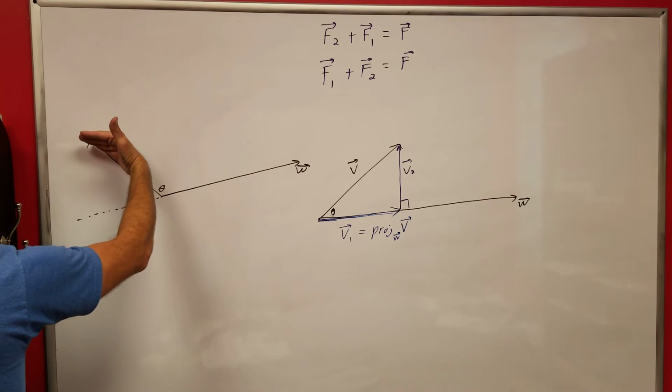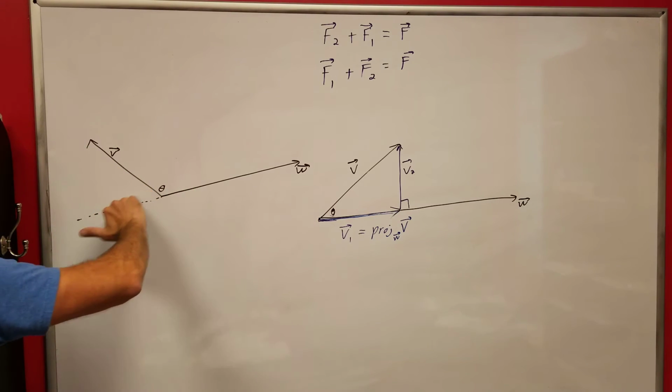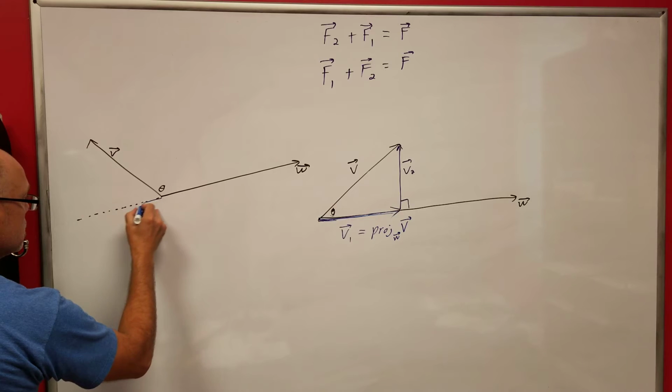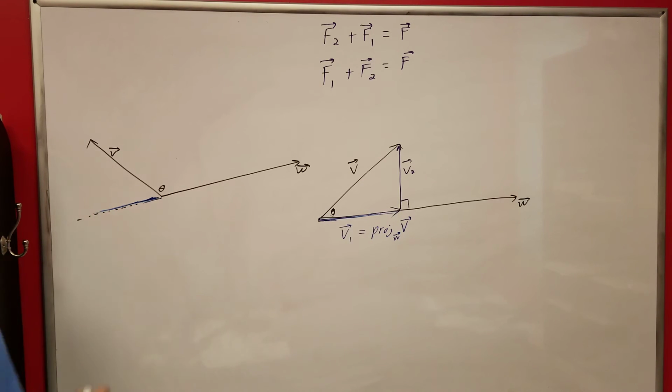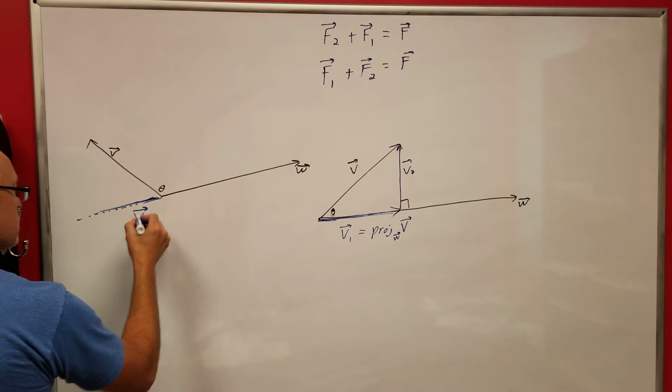What's going to happen with my shadow for v? My shadow for v is going to be down in this region, something like this. So that's going to be vector v subscript 1.